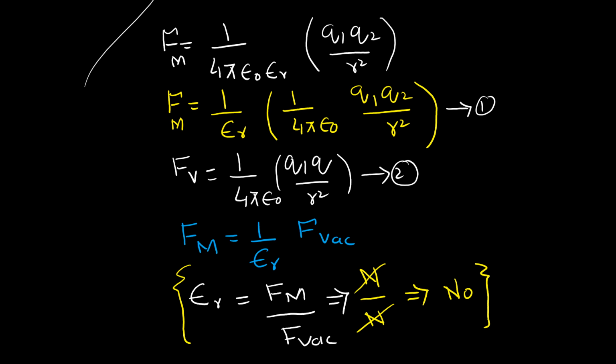Whenever there is a medium present, we have to incorporate the relative permittivity in the Coulomb equation. Relative permittivity is also known as the dielectric constant, and it has no unit because it is a ratio of the Coulomb force between the charges in a vacuum to the Coulomb force when there is a medium present between the point charges. So this is all about Coulomb's law of electrostatics. Dear student, thank you for watching this lecture.